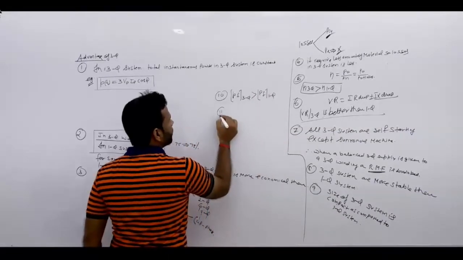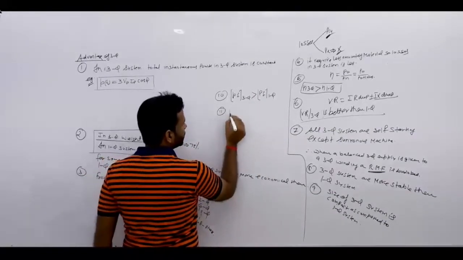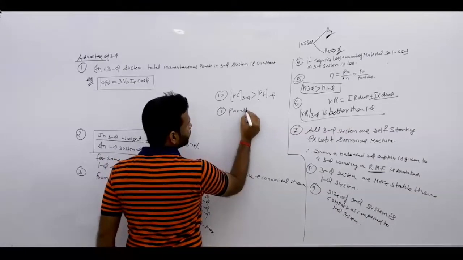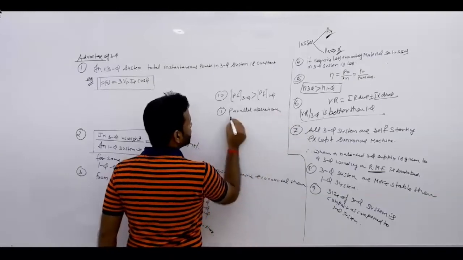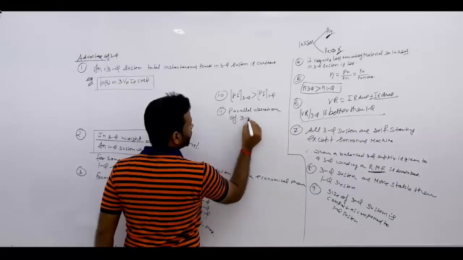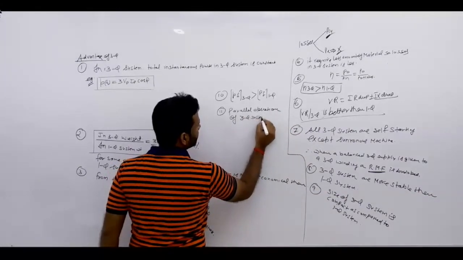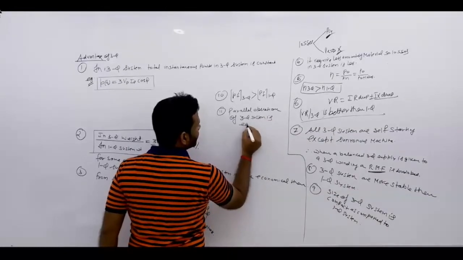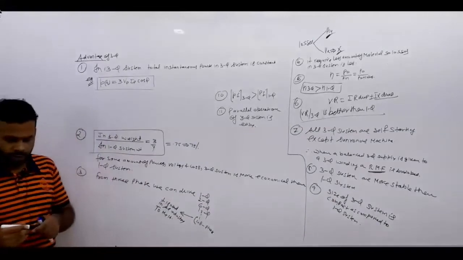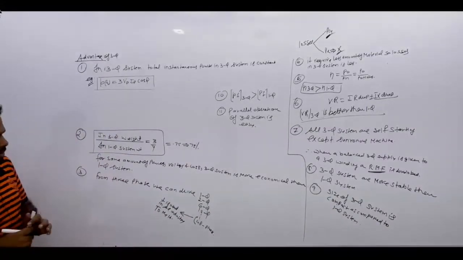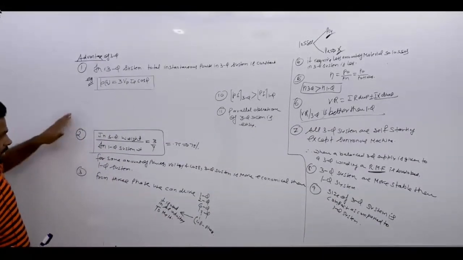And the last advantage is that parallel operation of a three phase system is easy. So we have 11 advantages, and the major three advantages are first, second and third.